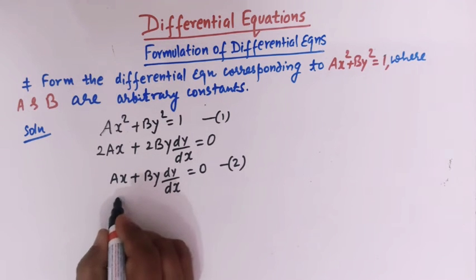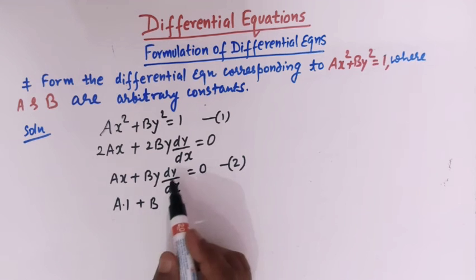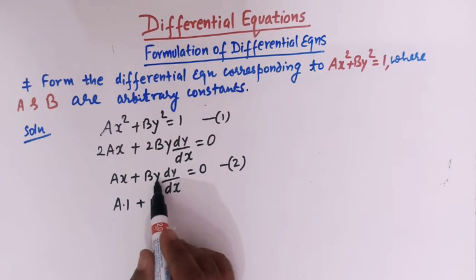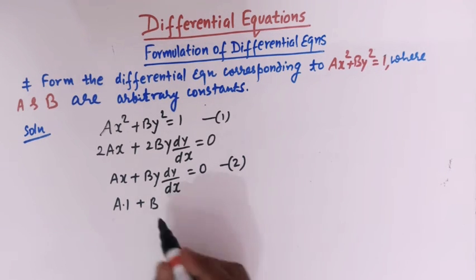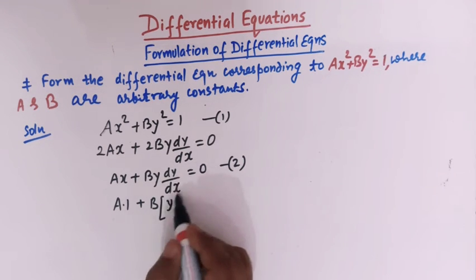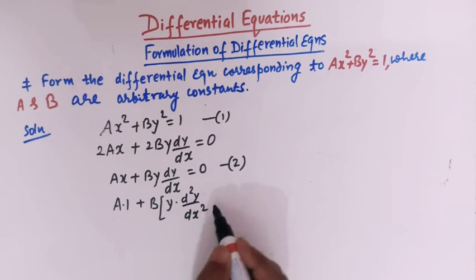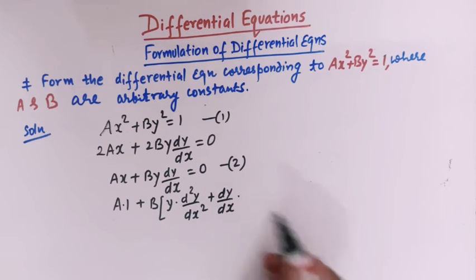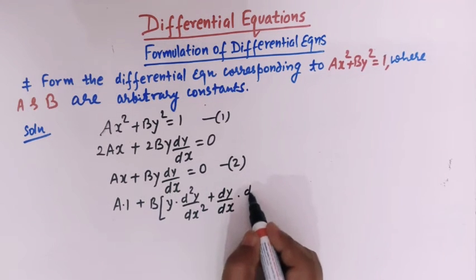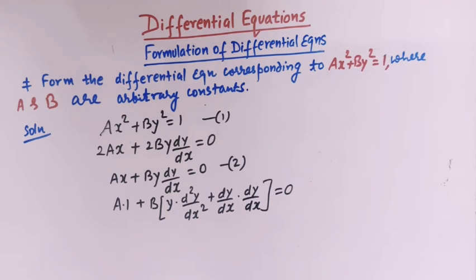So what we'll get, we'll have a times 1, then we'll have b, and here y times dy/dx, so we'll have the product rule here: y times the derivative of dy/dx, which is d2y/dx2, plus dy/dx times the derivative of y, which is dy/dx, equal to 0, right?